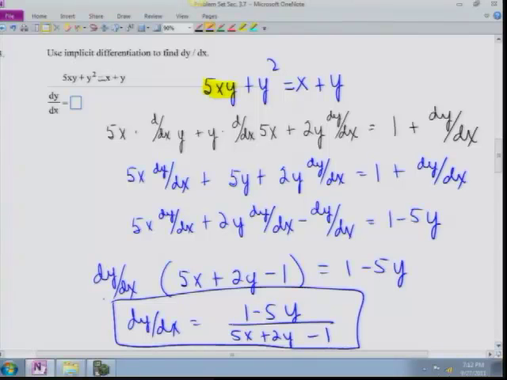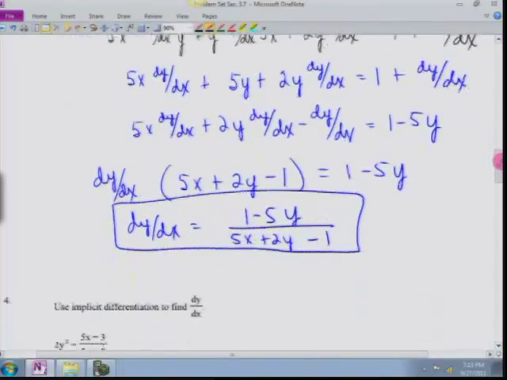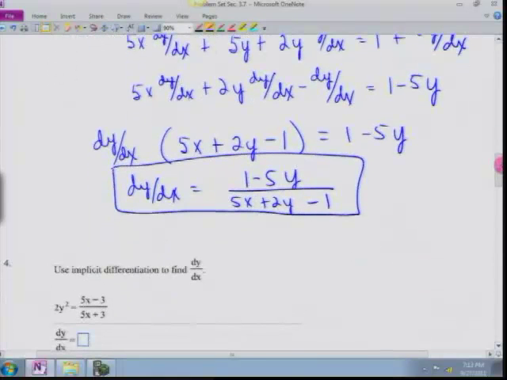Okay, so you get really used to doing the product rule with this stuff, and so now we need to look at a quotient rule. Okay. Are we good? All right, there's that one.